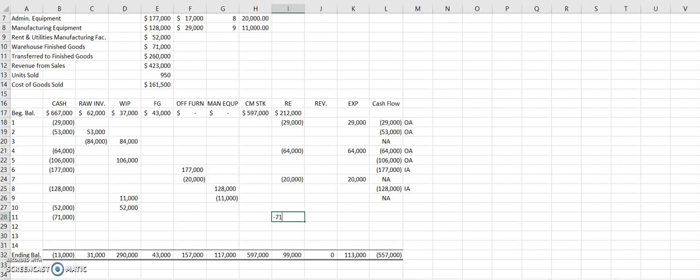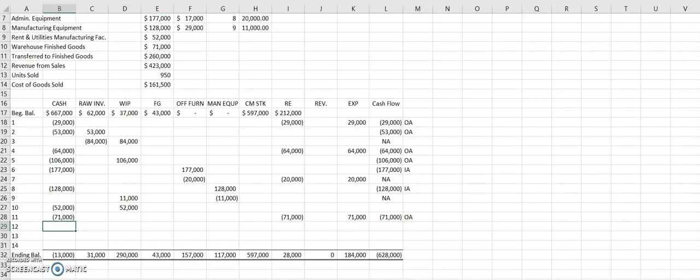So our retained earnings is going to be reduced for that expense. And again, our cash is going down, and we're talking about folks that we deal with every day, storing that finished goods. That's going to be an operating expense. That's going to be an operating activity.